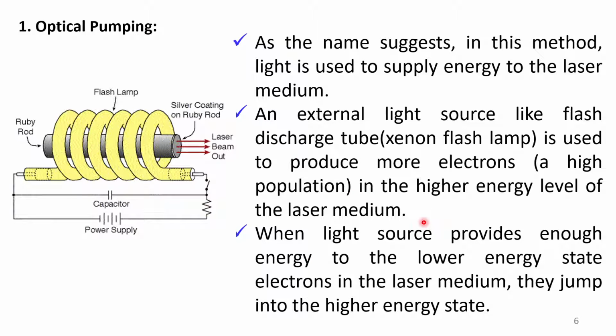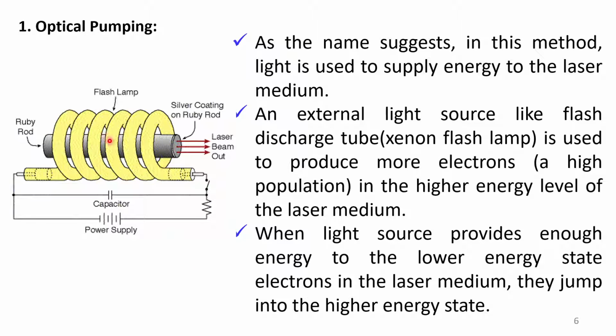Now we know that optics is nothing but the rays of light. So in optical pumping, as the name suggests, light is used to supply the energy to the laser medium. In this diagram, we can see one type of laser, which is known as the ruby laser, in which the ruby rod is used as the active medium.